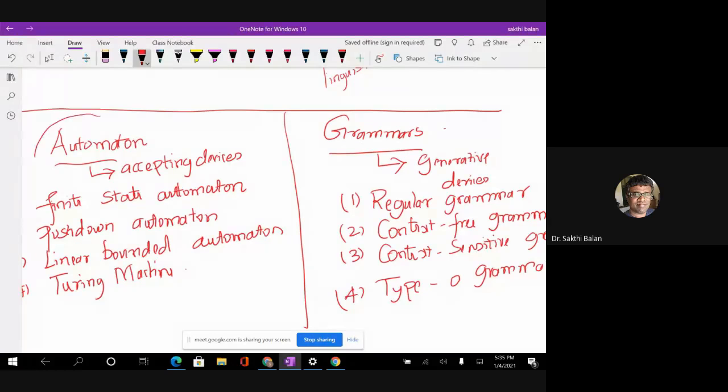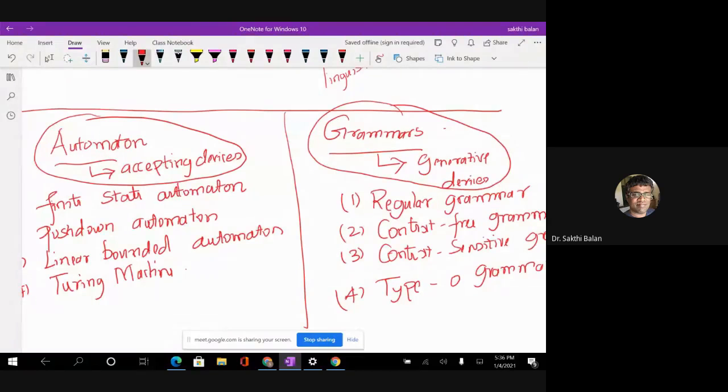So this is one type of abstract machine, which is called the accepting device, and the other type of abstract machine is the generative device. Why we call it a generative device and an accepting device, we will be looking at in the next sequence of classes. That will come through when we define how the automaton works and how the grammars work.